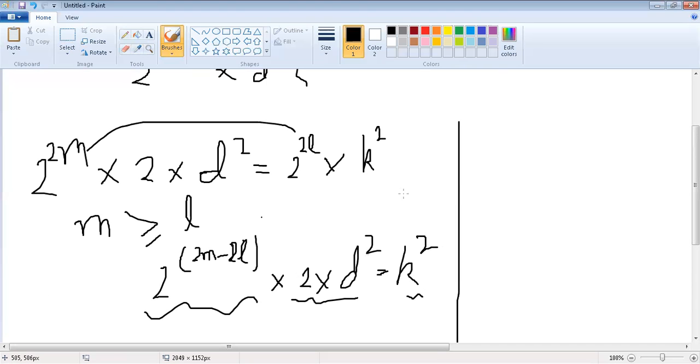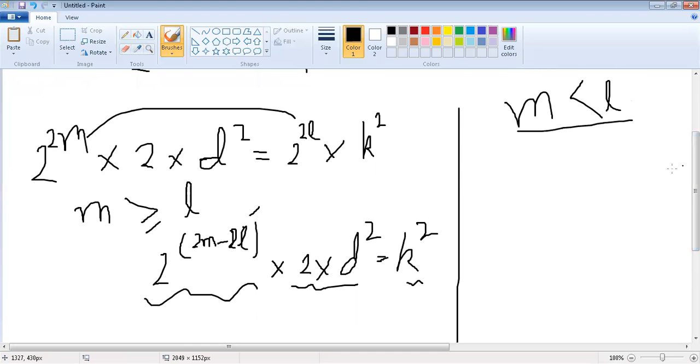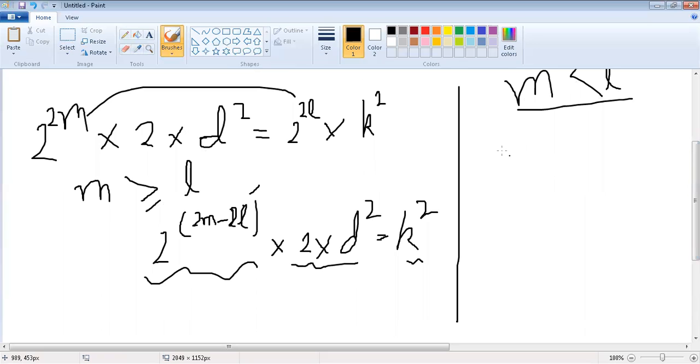Similarly, doing vice versa, let me write separately, if m is less than l. I assumed the case equal to and greater than, so let's assume the case less than. No worries if you even consider this to be equal here, you can try that way too.